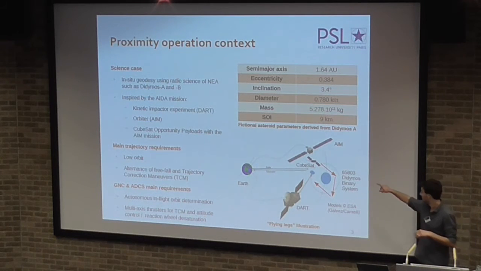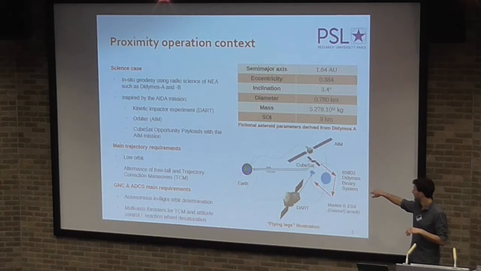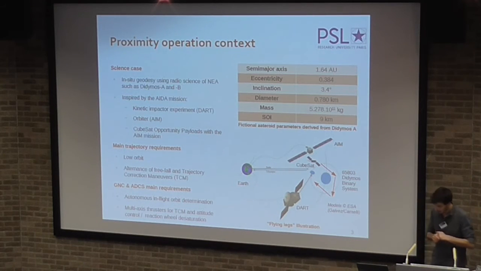So we do some flying legs in the vicinity of the system. And in terms of GNC and AOCS, we want to be autonomous because we don't want to rely on the rotorcraft for our trajectory, and we also need multi-axis thrusters, or maybe a gimbal with only one thruster, because we also need to control the attitude, and if we have reaction wheels on board, we need to offload them.